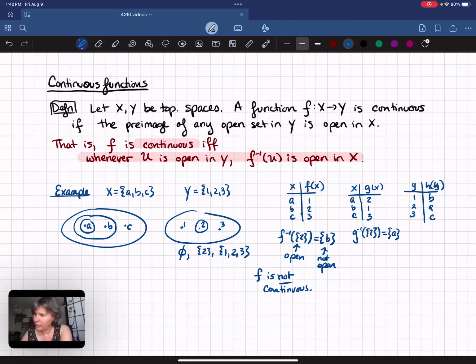And over here, singleton a is open. So this is an open set, and its pre-image is also open. What about the pre-image of 1, 2, 3? Well, that's ABC, which is also open. So there are 2 open sets to check in my codomain, and the inverse image of both open sets is open, and so g is continuous.